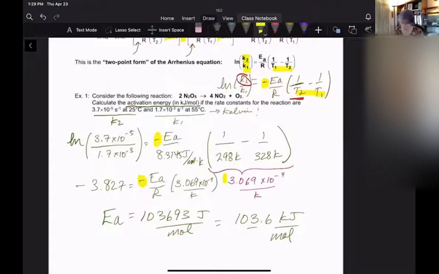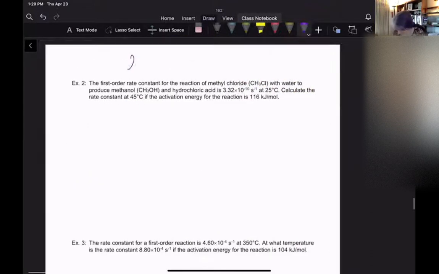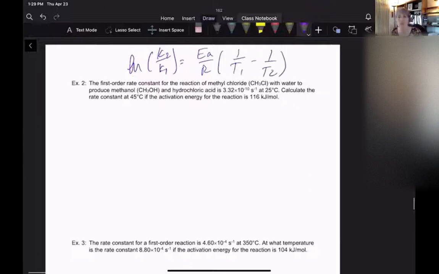So let's do another one. I'm going to use natural log of K2 over K1 equals EA over R times 1 over T1 minus 1 over T2. So I'll use this one. It's probably helpful to mark on your paper which one is which.